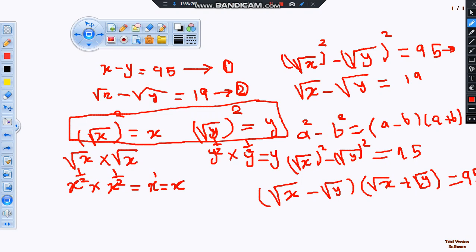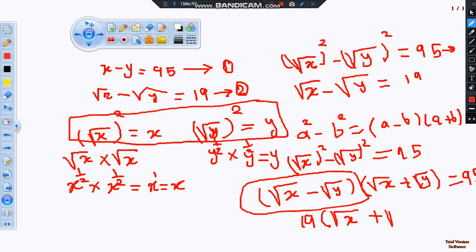So you can substitute this one and put 19 times the square root of x plus the square root of y equals 95.